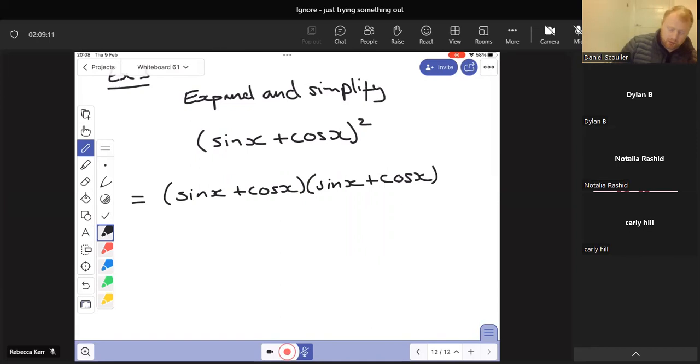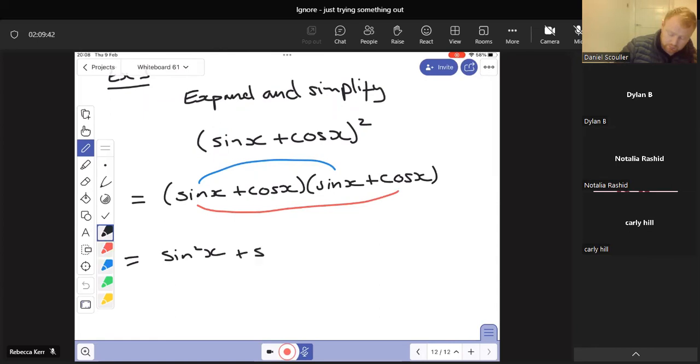Now remember, going all the way back to brackets, we do FOIL. First terms multiply together, so sine x times sine x is sine x squared. Outside, so sine x multiplied by cos x. Inside, so we've got cos x, sine x.